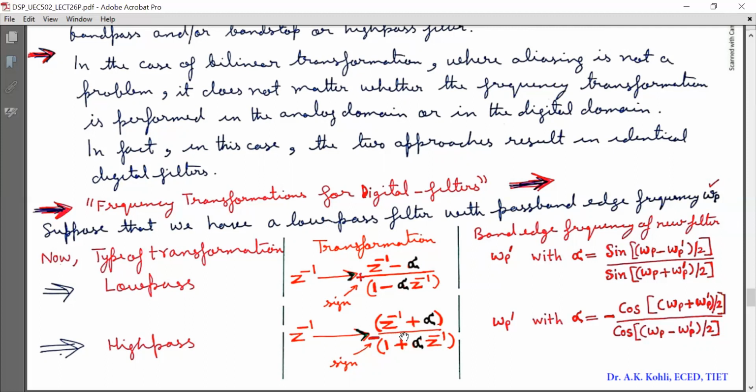So this is the transformation: I will replace z inverse with minus (z inverse plus alpha) divided by (1 plus alpha z inverse), where alpha is this, to design a new high pass filter with band edge frequency omega p dash.